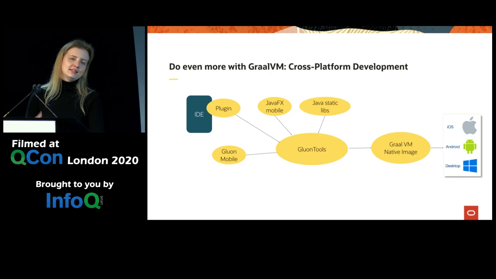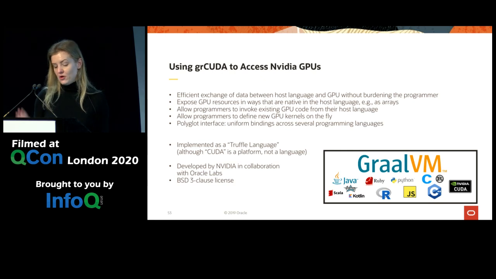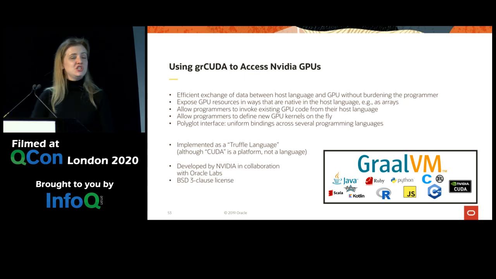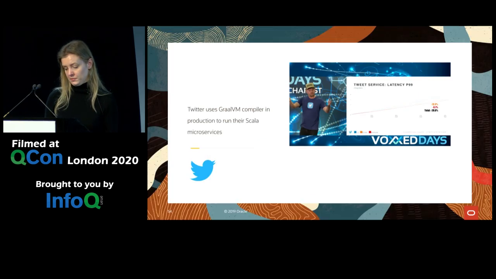So the static ahead-of-time compilation that we offer really helps to bring your Java applications to these kinds of platforms. And if you are doing those polyglot applications, you might look into VisualVM as a tool to learn more about them. And we also have this collaboration with NVIDIA. So if you're interested in using GPUs from your GraalVM applications, that is already possible too.